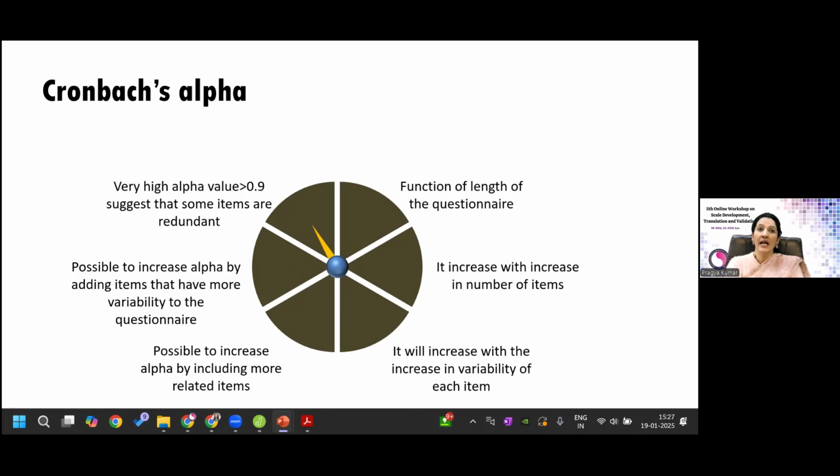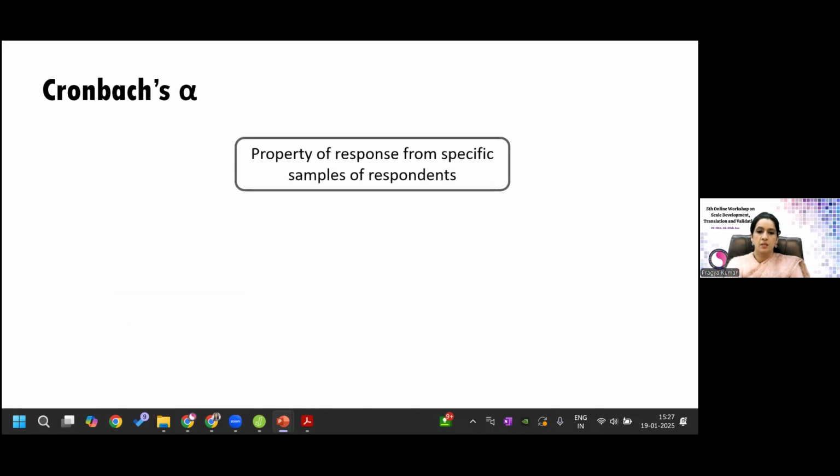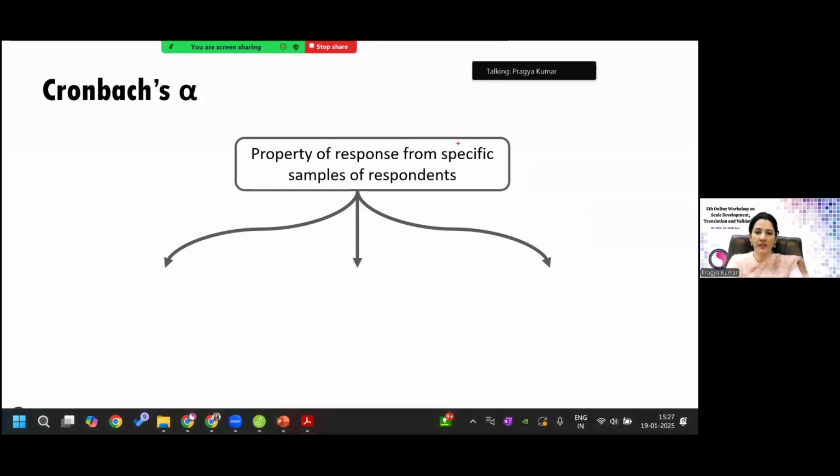If the alpha value is very high, more than 0.9, then it suggests that some items are redundant. That means you can still remove a few of the items. Again, it is a property of a specific sample. Like I said in the beginning, Cronbach alpha is not of a scale. It changes from one population to another. So it is a property of the response. Remember this, from a specific sample of respondents.